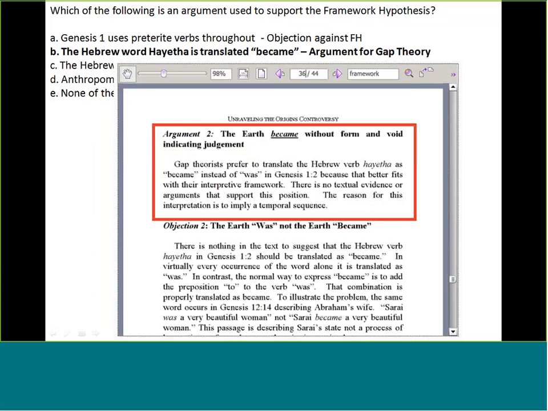The second one, the Hebrew word haytah is translated became, is actually an argument for the gap theory. Under the section about the gap theory, argument 2, Dr. DeWitt talks about the use of the word haytah and how the different translations of it are used as an argument for the gap theory.